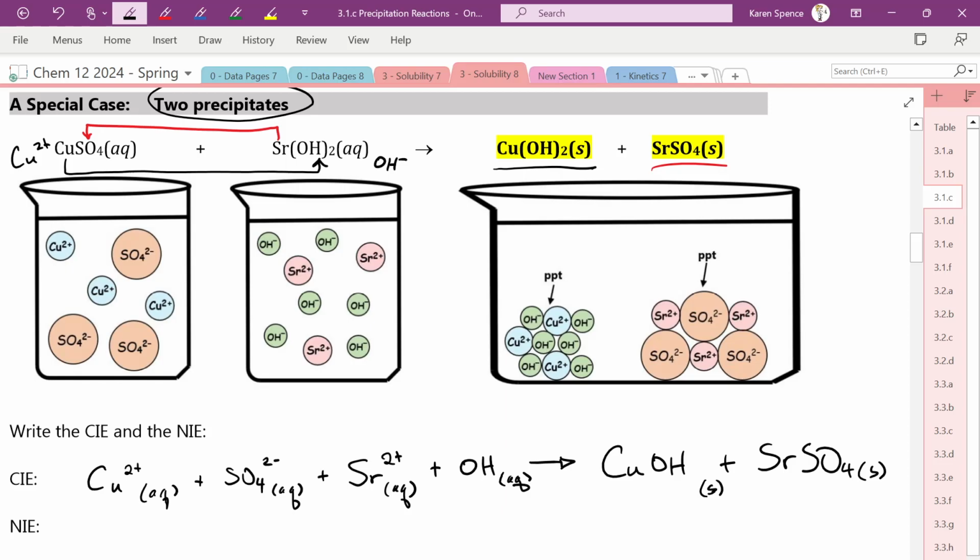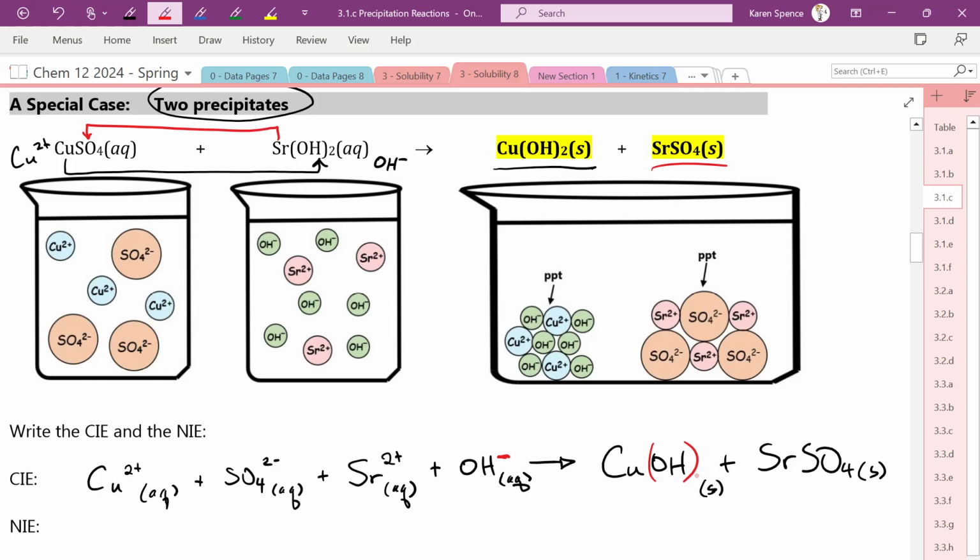And once you've written your complete ionic equation, you can look at mine and critique mine, because mine always needs critiquing, doesn't it? Shouldn't it be OH minus? Yes, it should be OH minus. Yes, we need that there. Good. Oh, I need brackets where? CuOH, like that.